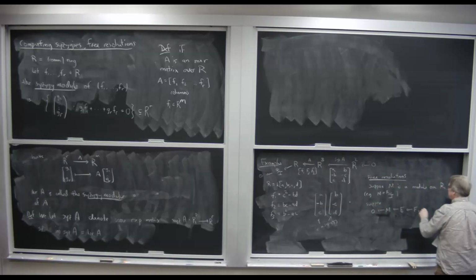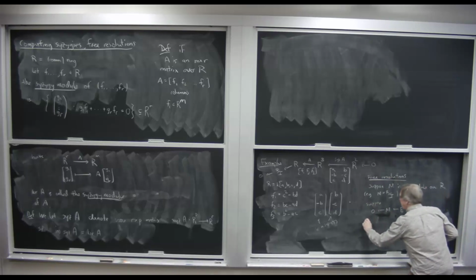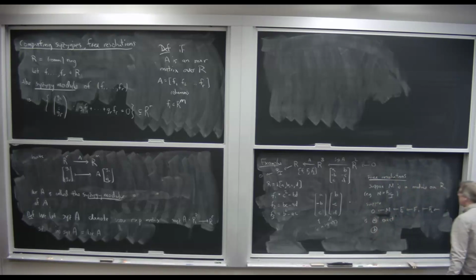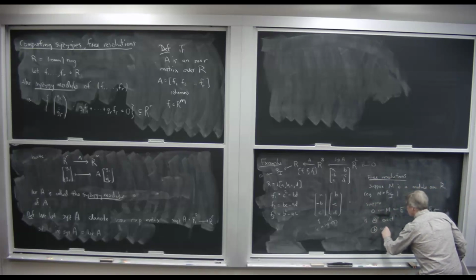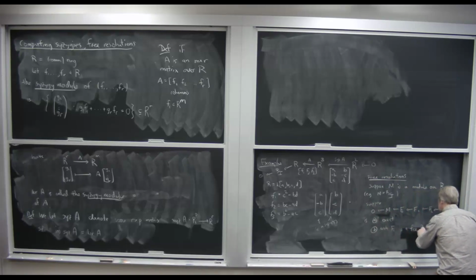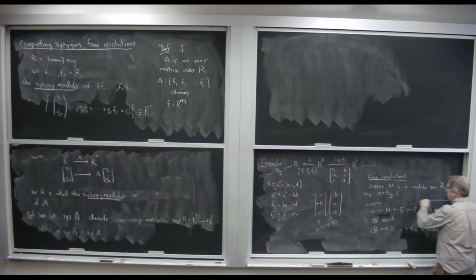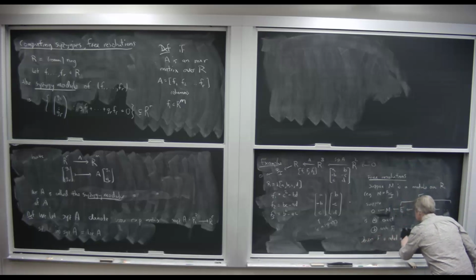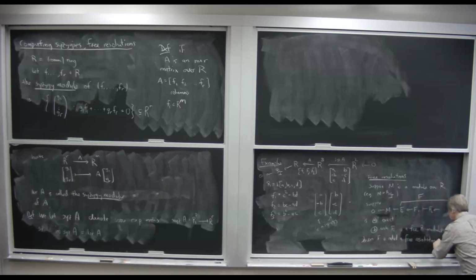These are all going to be free modules like those guys. F2 might not end though. Suppose that this is (A) exact, and (B) each Fi is a free module. Then this part here, F, is called the free resolution, or a free resolution, of M.